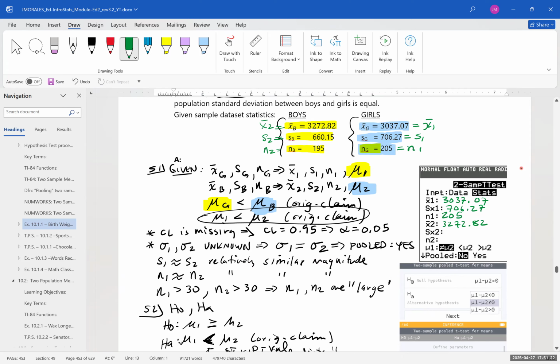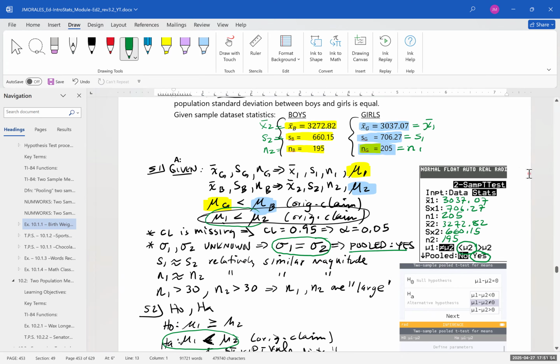S2 is 660.15. And N2 is 195. And our alternate hypothesis, I should probably come down here, is going to be mu1 less than mu2 right there. And because the population standard deviations are assumed to be equal, we're going to put yes for pooled.